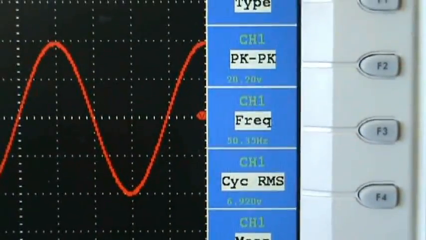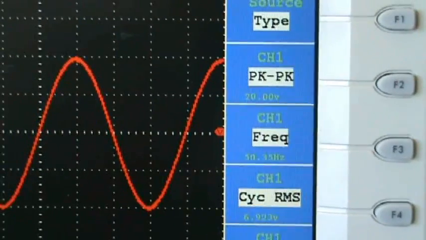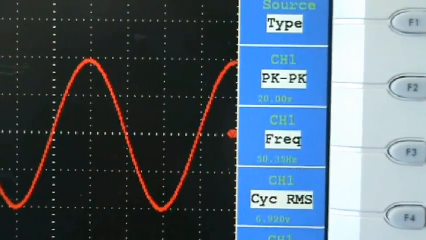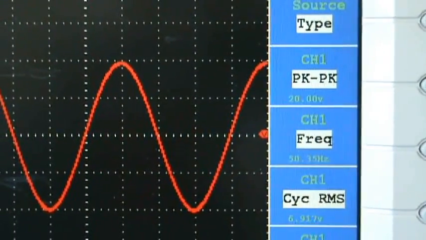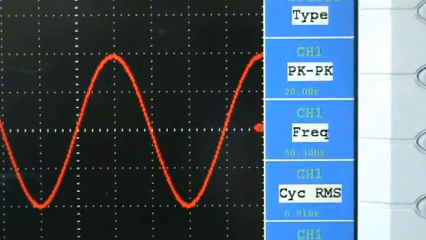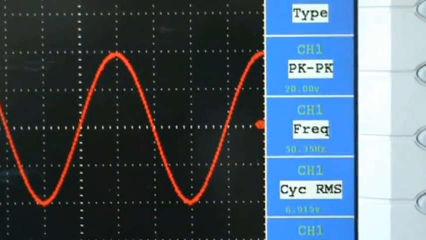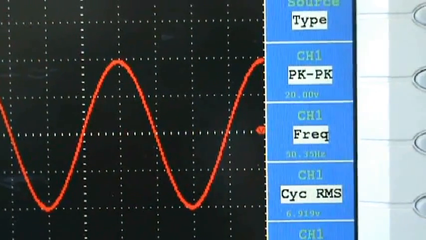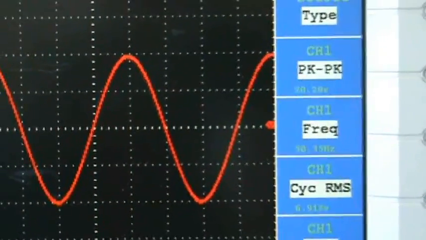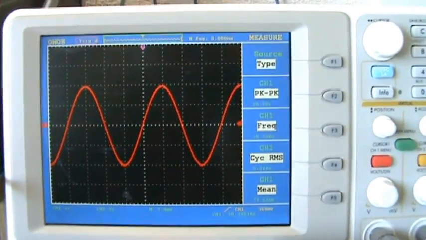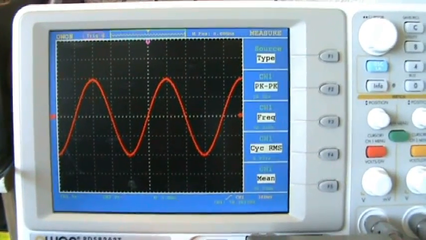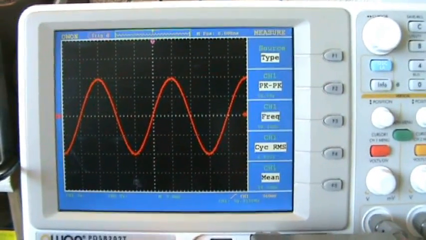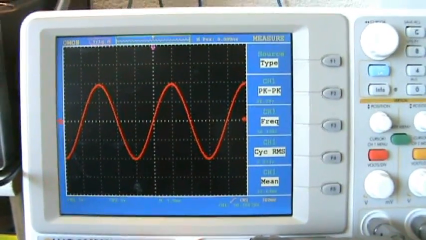So I already have a deviation of what it should be according to the Wikipedia. But I'm just leaving it that way. I'm not sure why, but the scope perhaps is also displaying some difference, but it should be 7.07 according to the theory.